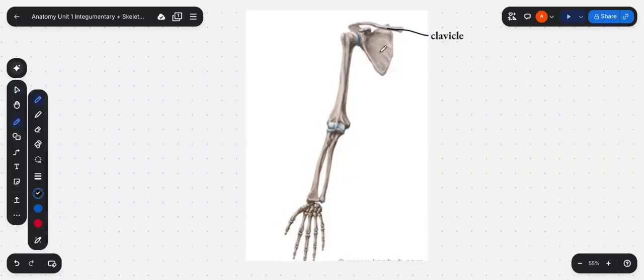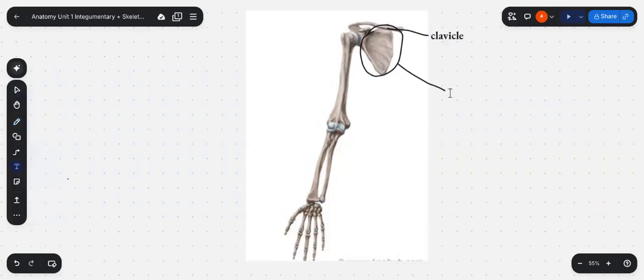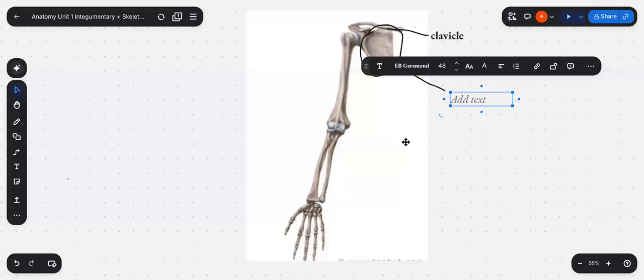And now you have the wings of your back, is what I like to think of them. It is this large flat bone over here. It's going to be on your posterior side, and it is your scapula. So, in normal jargon, it is known as your shoulder blades.